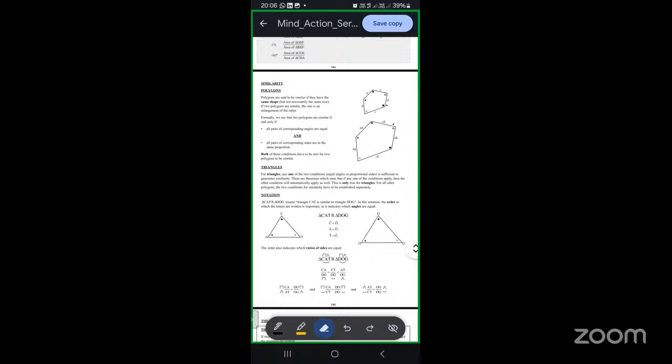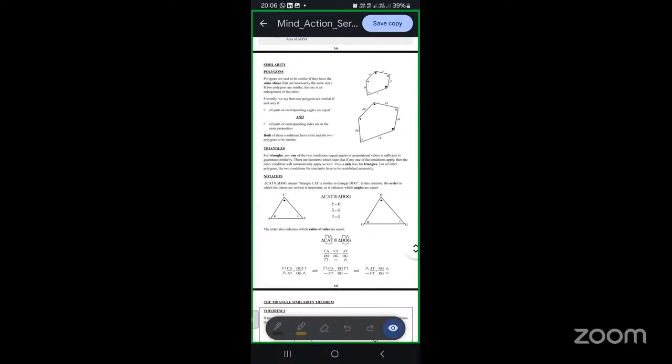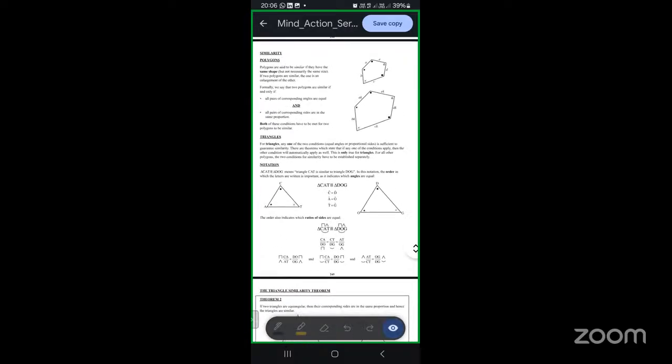Now we go to this part, the triangles. They are saying for triangles, any one of two conditions, either equal angles or proportional sides, is sufficient to guarantee similarity. If you have proven this side, there's no need for you to also prove the other.